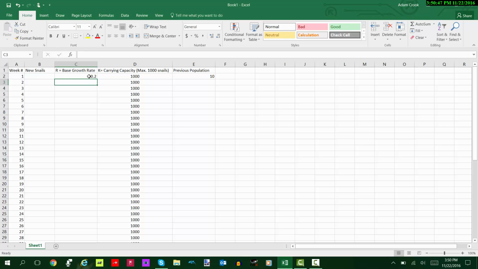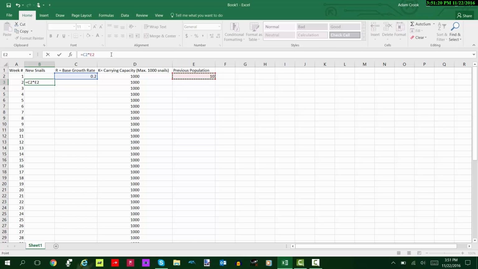Alright, so base growth rate here for week 1. We need to figure out the new snail rate. You can enter a formula, can't you? Alright, so equals... what do I need to do here? It's 0.2 times 10, times 10. And divide by 1,000.